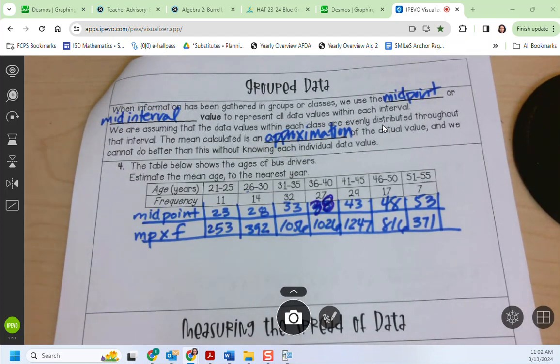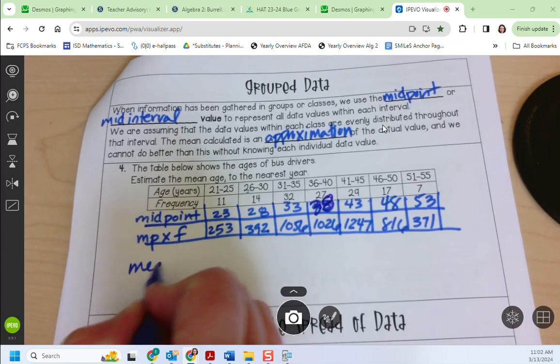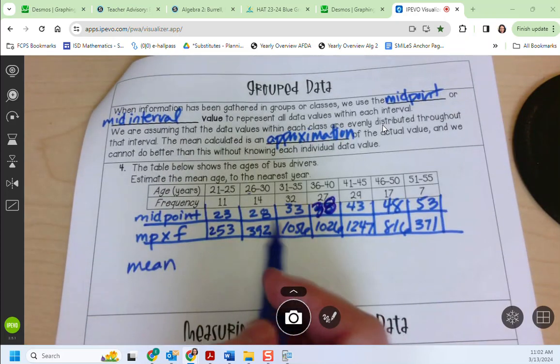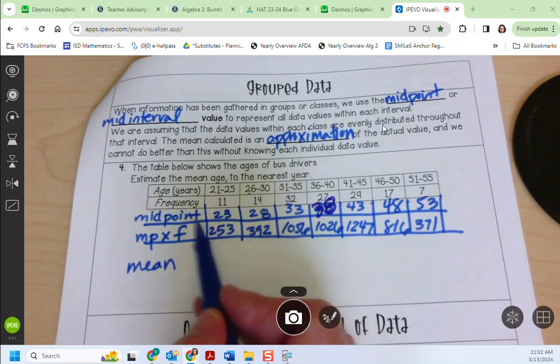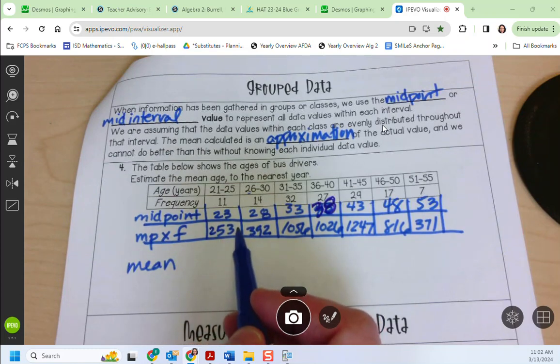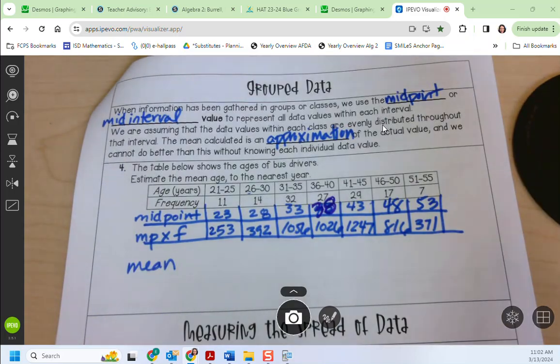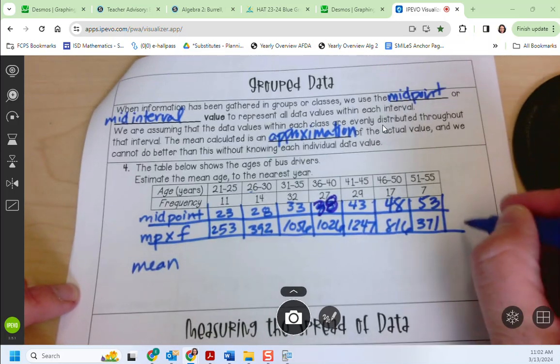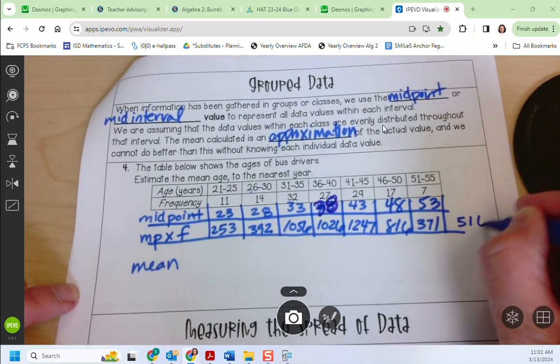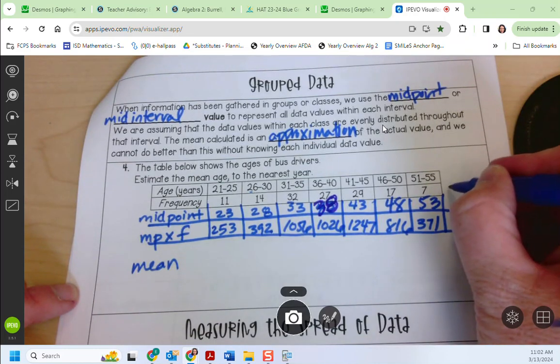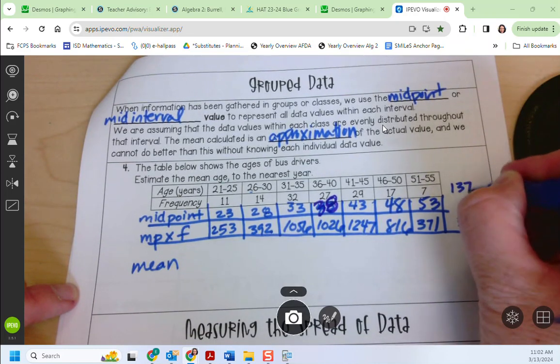So, the mean is going to be the midpoint times frequency, divided by the sum of the frequencies. So these totaled to be 5,161, and these totaled to be 137.